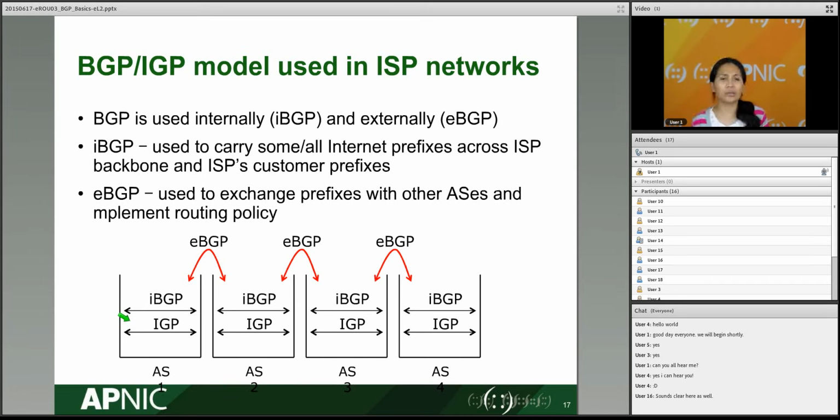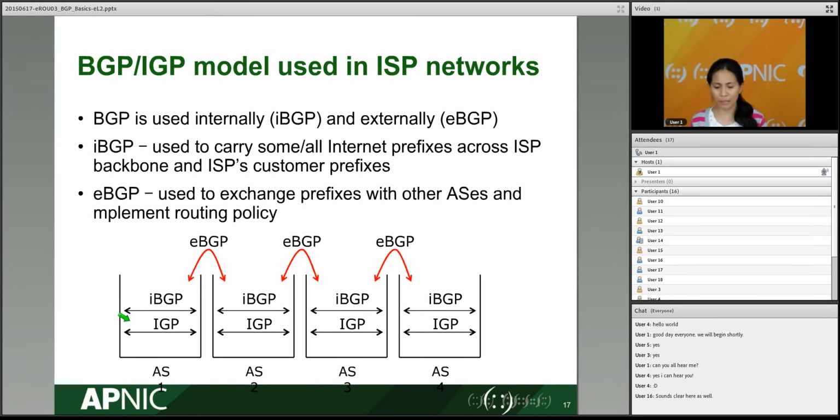Now, iBGP refers to BGP neighbor relationships within the same AS, right? It is used to carry internet prefixes across the ISP backbone, and the ISP's customer prefixes only. It is not to be used outside of an AS.